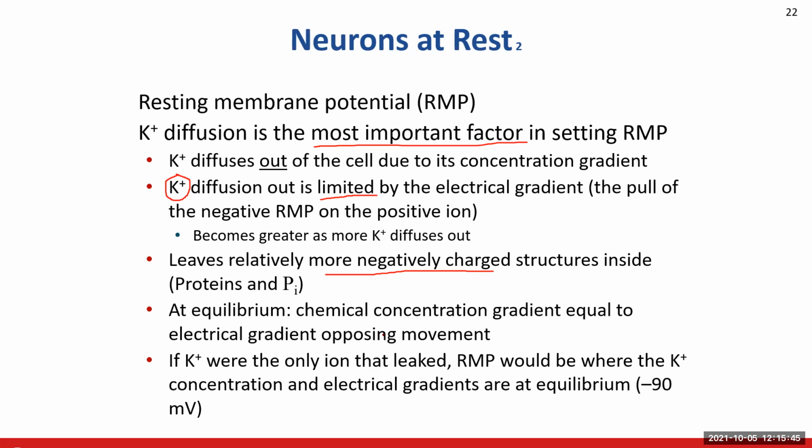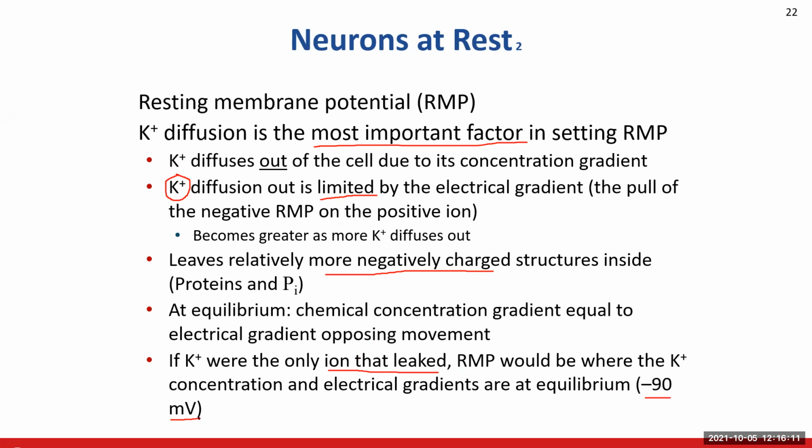So here's the situation. If the only ion that leaked out of a neuron was potassium, then our resting membrane potential would actually be negative 90. But that's not the case. So if that were the case, then it would be a different value.